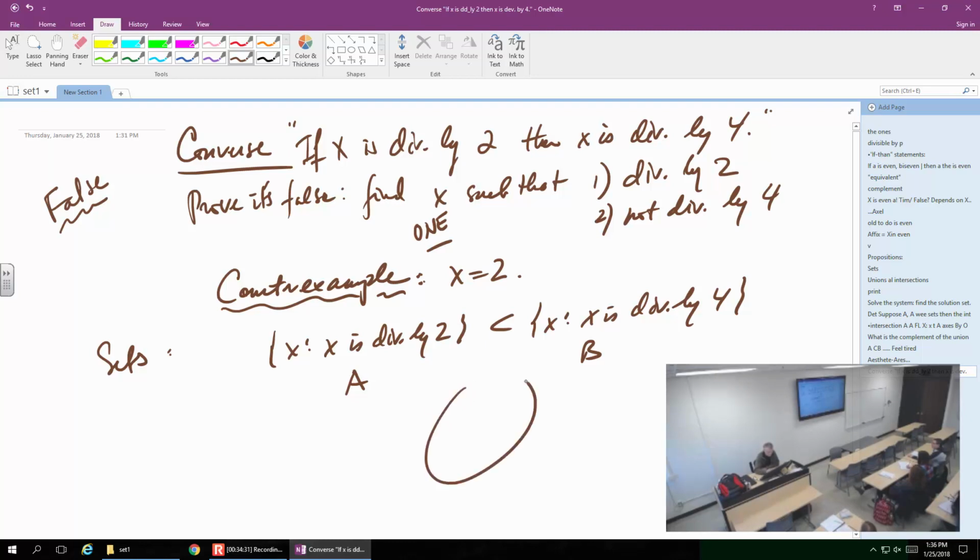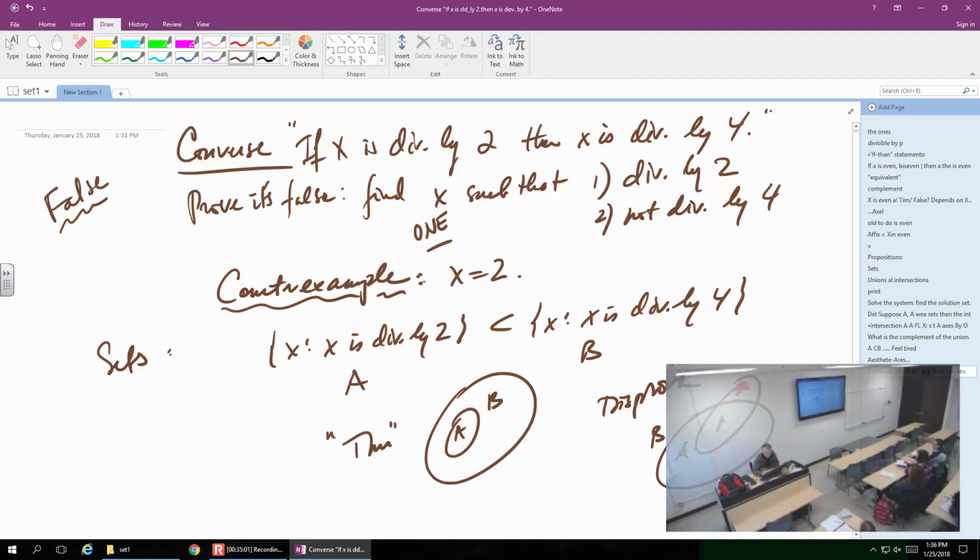This theorem says A inside of B, and to disprove it you need to show this. At the very least, it's sticking out. You don't even know where A is. All you know is one single value of x which is in A but not in B, and you're done.